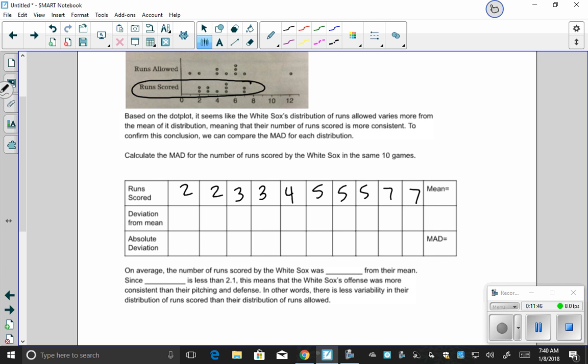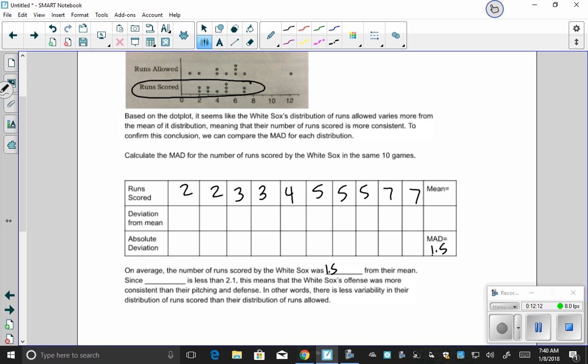You should have gotten your MAD as 1.5. On average, the number of runs scored by the White Sox was 1.5 from their mean.